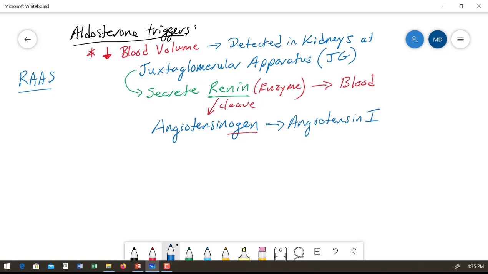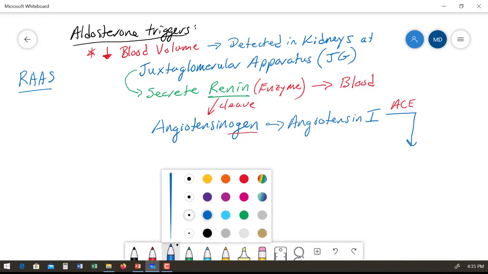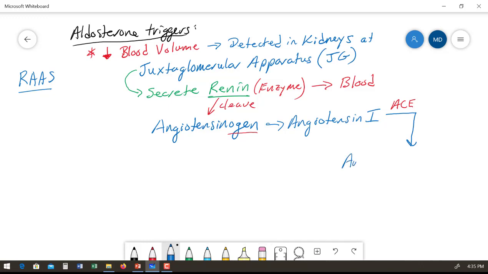Now, angiotensin 1 is an active enzyme itself, but it also gets cleaved, and it gets cleaved by an enzyme called ACE, which is angiotensin cleaving enzyme. So this ACE enzyme cleaves angiotensin 1 into angiotensin 2.